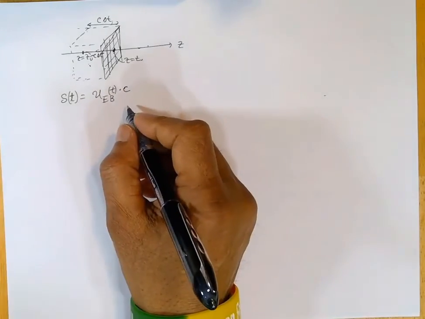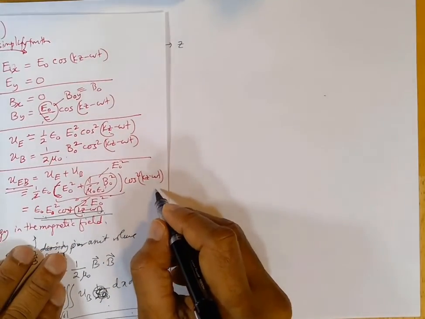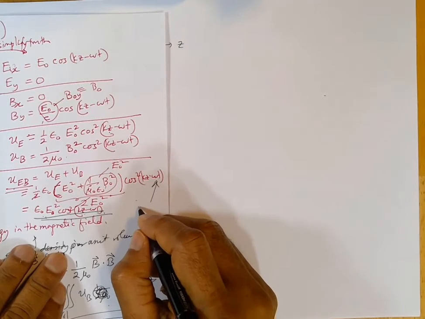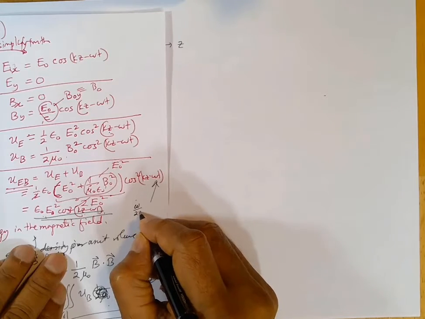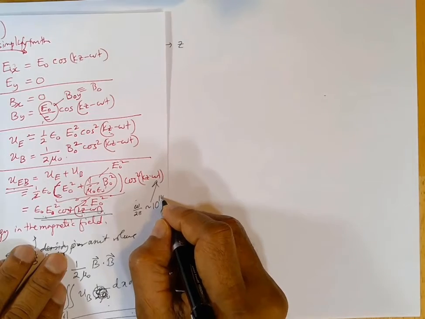The frequencies we're talking about are very large. These omegas are very large. If you look at omega over 2 pi for visible light, it's like 10 to the power 14 hertz.